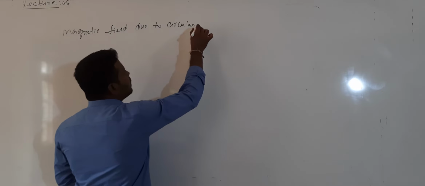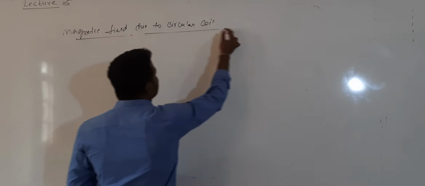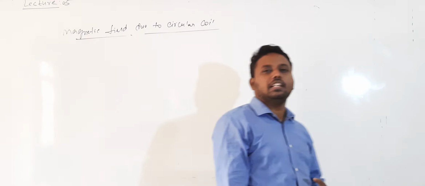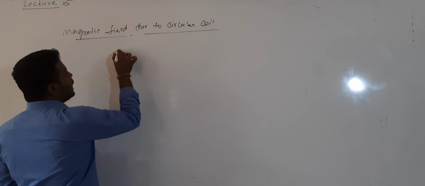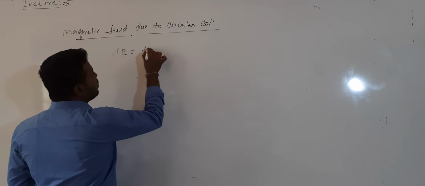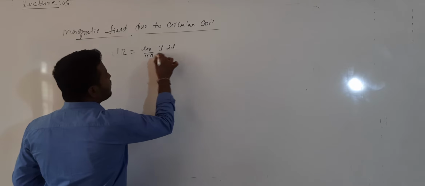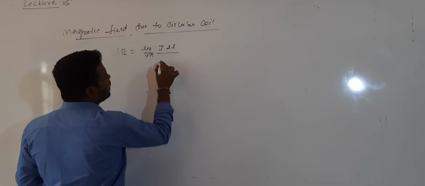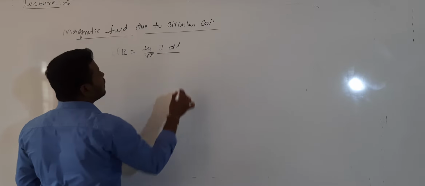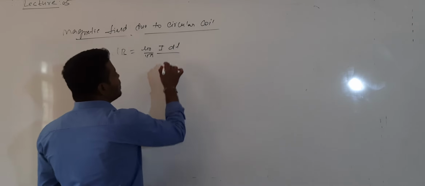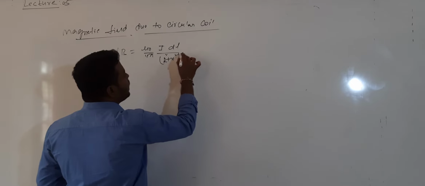Already last class we discussed this derivation, but there is one small correction in the derivation. First we calculated dB. The dB value is mu naught by 4 pi into I into dl by r square plus x square whole power 3 by 2, we got it.